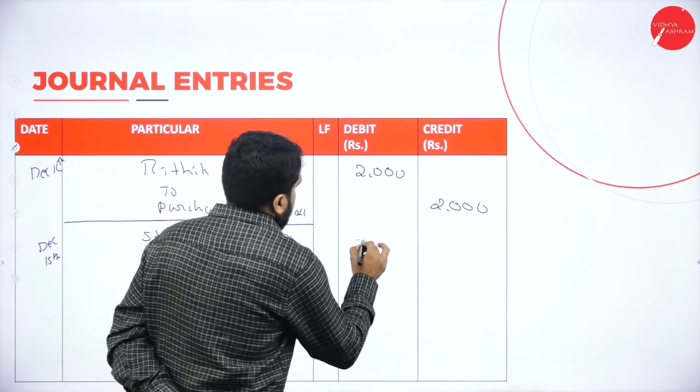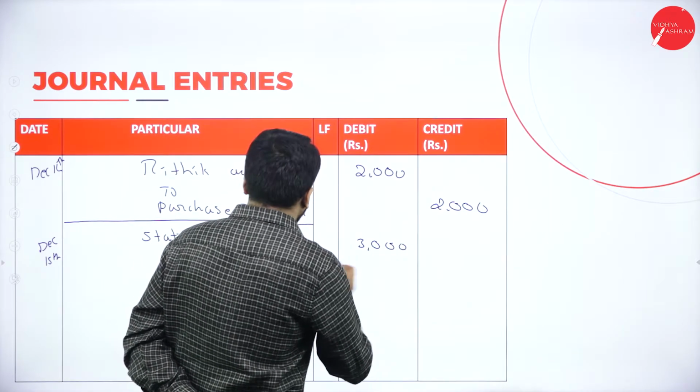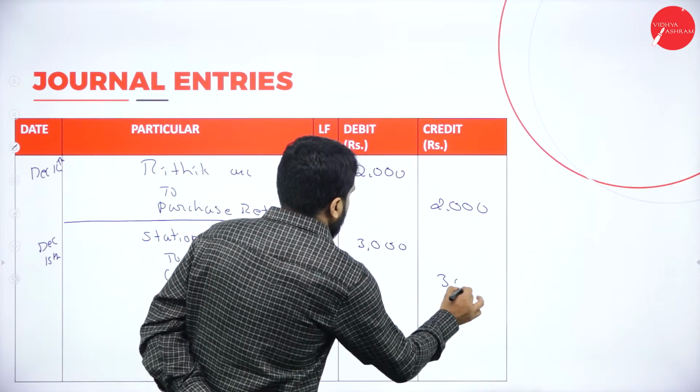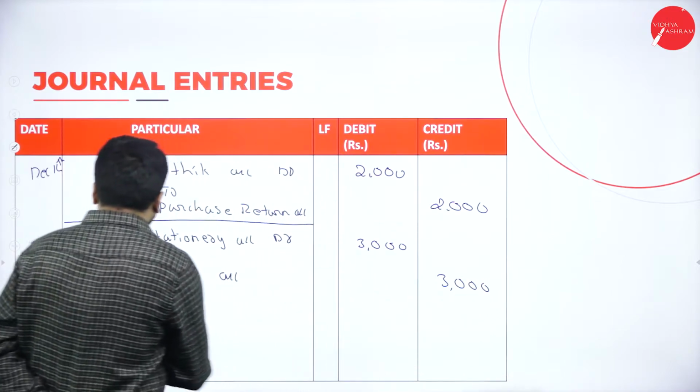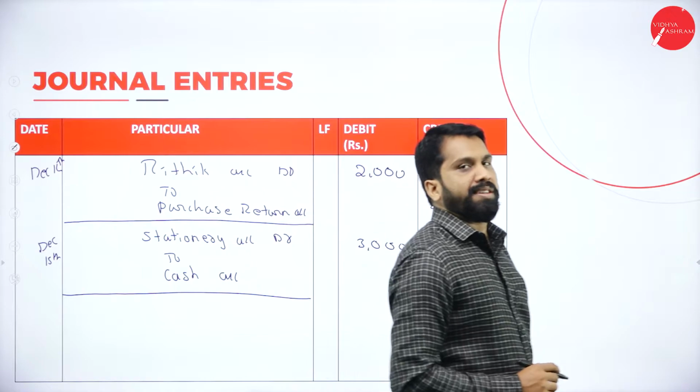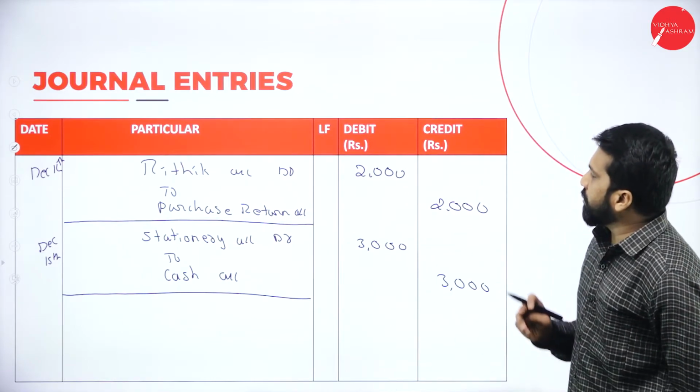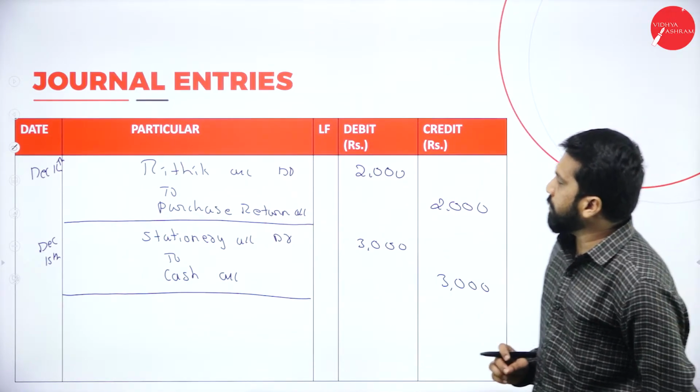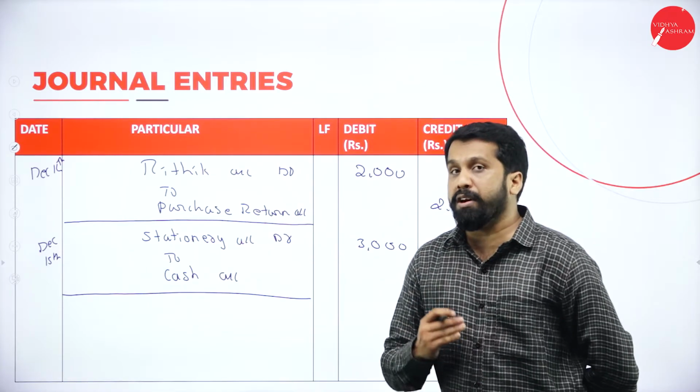Amount is 3000 and 3000. Narration will be what? Being stationery purchased for cash. Now, this is all about your journal entry up to December 15th. We'll go for the next one.